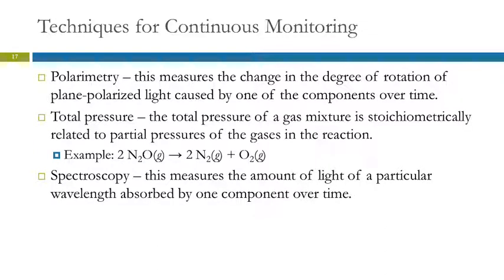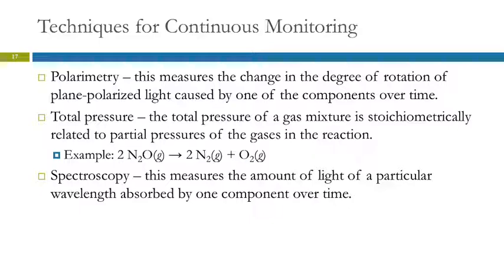How do you measure the concentration of the reactant or the product without messing up the reaction? One technique is polarimetry. That's measuring the change in the degree of rotation of plane polarized light caused by one of the components. One of the scientists who did the initial research in this area, he's in your textbook, looked at the hydrolysis of sucrose into glucose and fructose.